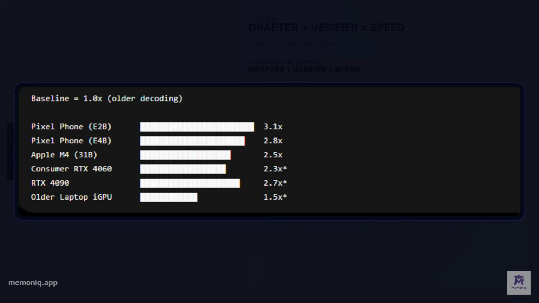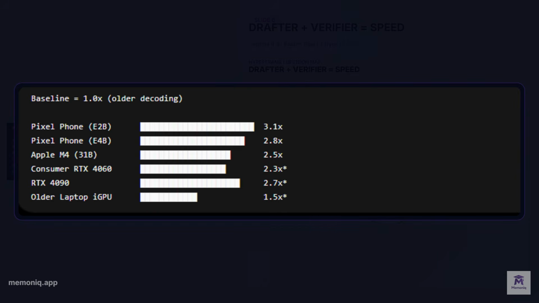Normally, a language model generates one token at a time. It looks at the context, predicts the next word, adds it to the context, and repeats. That's slow because each step depends on the previous one. You're bottlenecked by memory bandwidth.